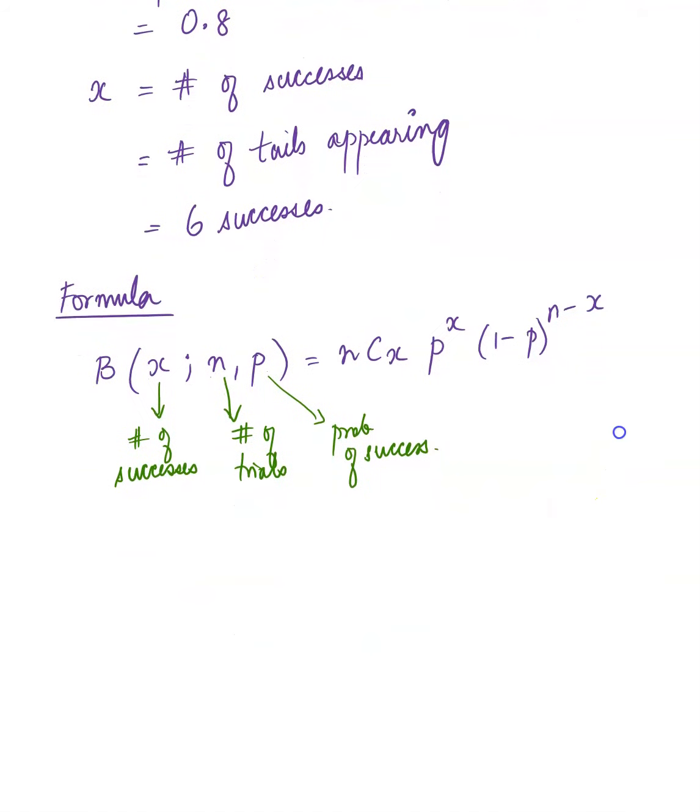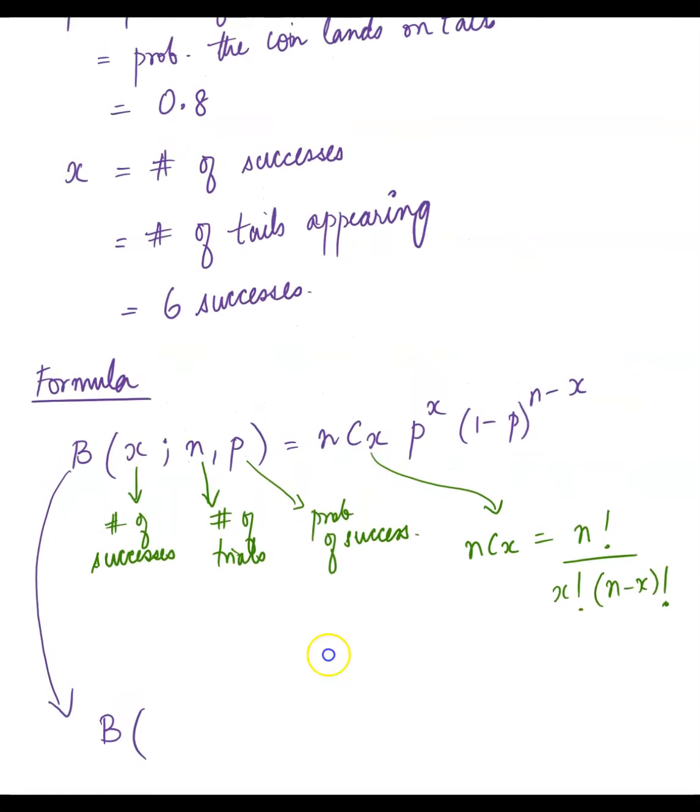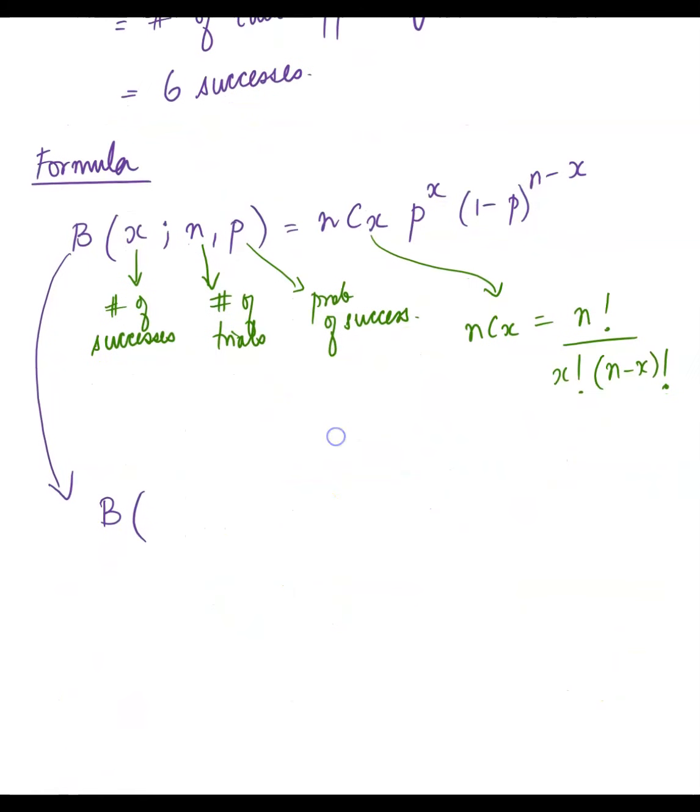By the way, you recall that nCx had its expansion. We use the calculator, so it's okay if we don't recall the expansion, but it's important to know that it was nCr when we learned it. So if we were to connect this to our given problem, then B of x is 6, 10, and 0.8. Right?